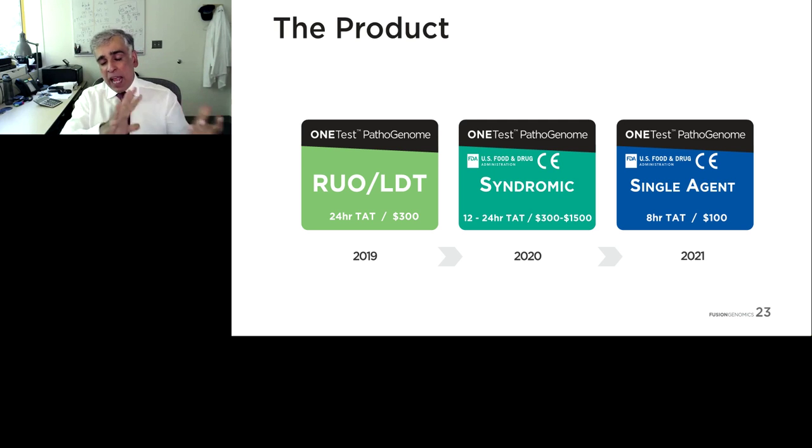And that will have a turnaround time, depending upon the syndrome, anywhere from 12 to 24 hours. That will be priced between $300 and $1,500. And sometime down the road, we also plan to introduce a single agent cartridge-based assay.